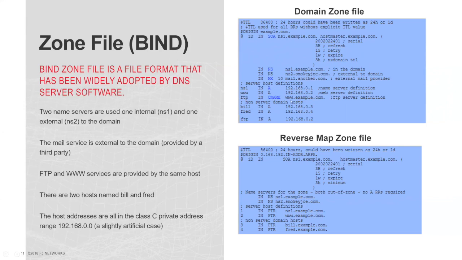For example, if a client tries to access ftp.example.com, it will give you a CNAME record of www.example.com, where www returns the IP address of 192.168.0.2, which is the address for www.